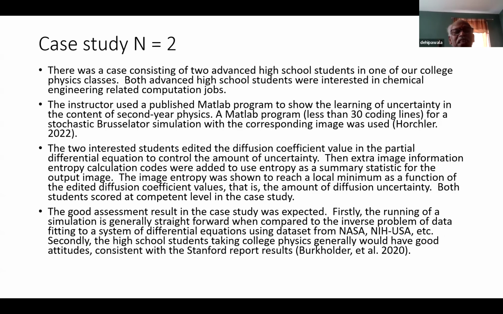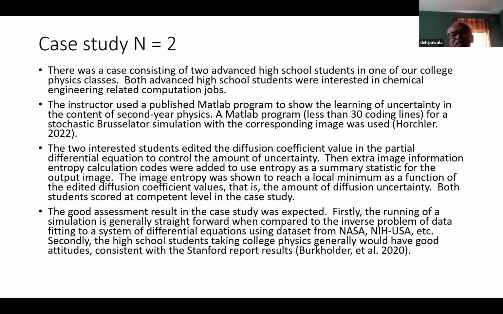So there's another example, the case of 2, consisting of 2 advanced high school students taking physics classes. Both advanced high school students were interested in chemical engineering related computation jobs. The instructor used a published Matlab program to show the learning of uncertainty, the content of second year physics.